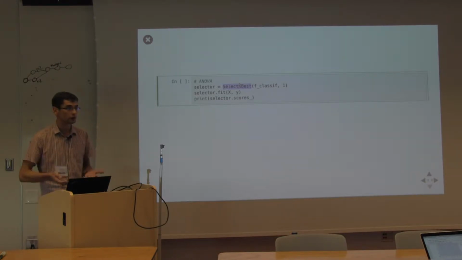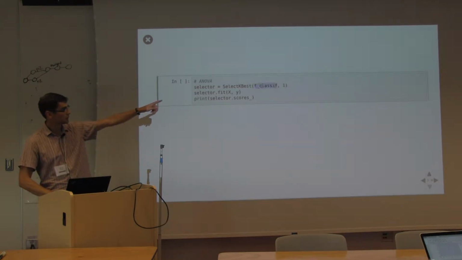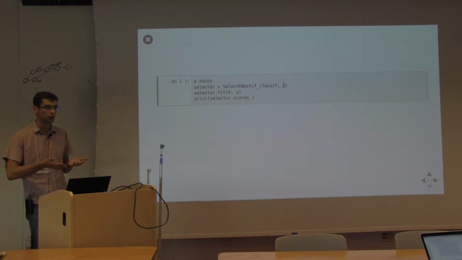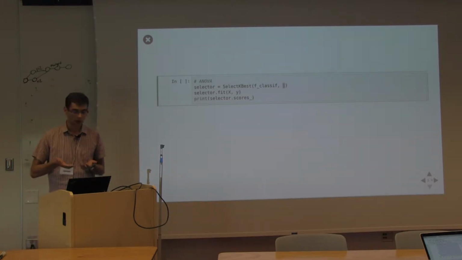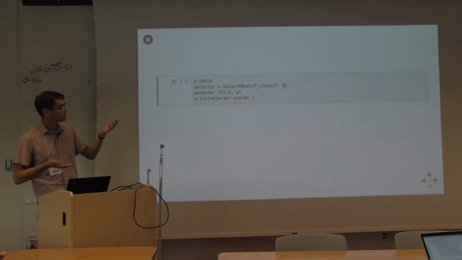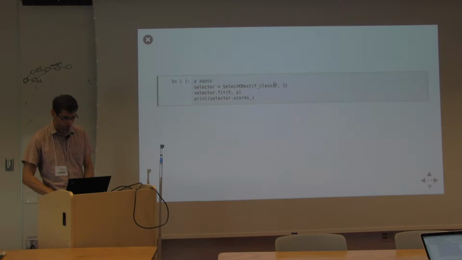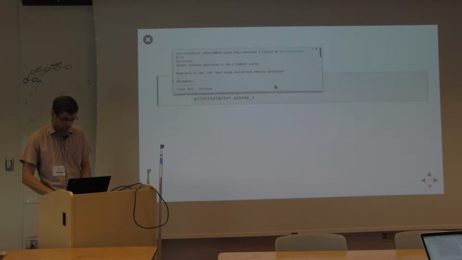It's a standard transformer from scikit-learn. It allows us to estimate specified scores. In that case, it's f_classif, for each variable, and then select a specified number of variables. So here, for our two features, we would like to estimate the F classification score, and then we can read about it.